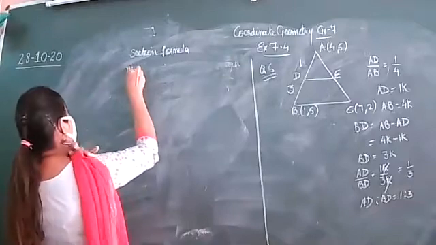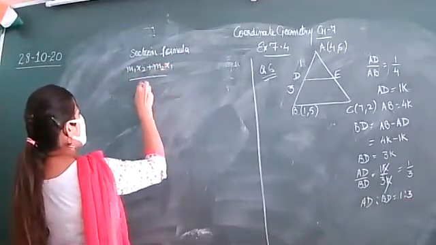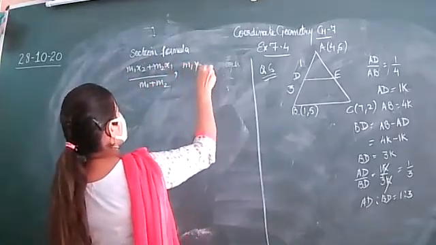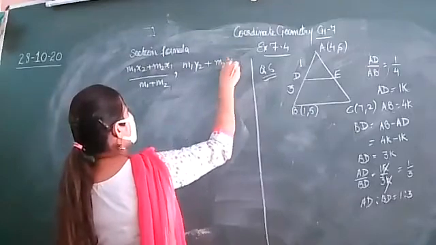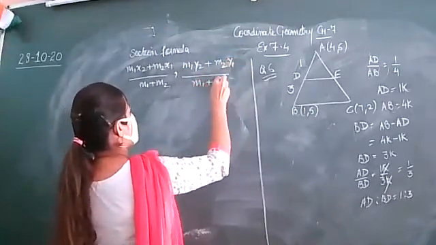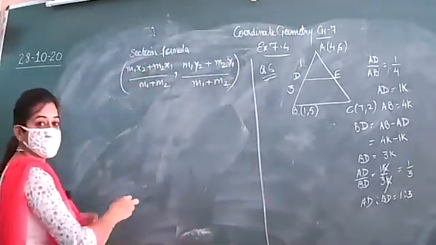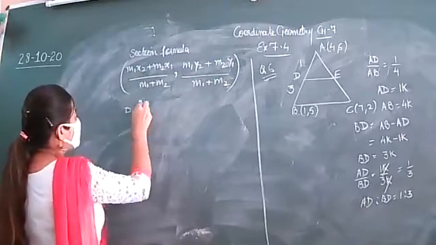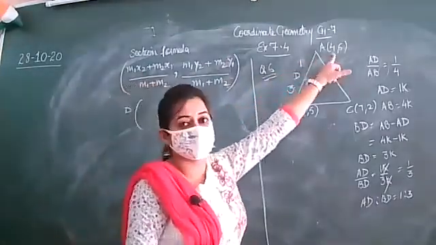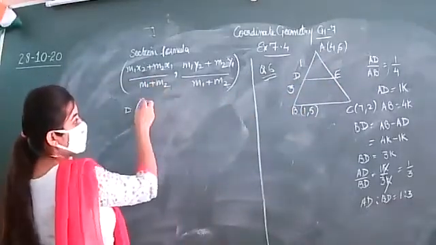So let's write the formula: (m1x2 plus m2x1) upon (m1 plus m2), and (m1y2 plus m2y1) upon (m1 plus m2). Now use the formula to find the coordinates of D. This is your m1, m2, this is your x1, y1, this is your x2, y2.